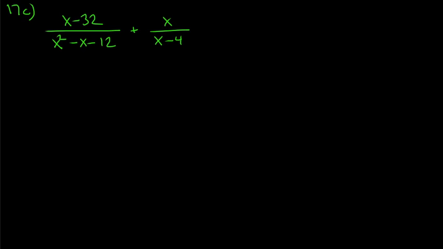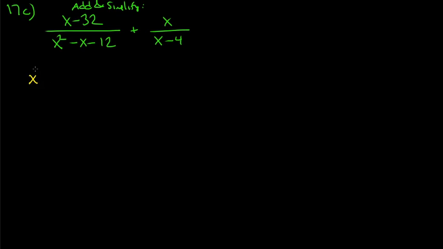Okay, we have x minus 32 over x squared minus x minus 12 plus x over x minus 4. And again, the directions just say add and simplify. But we don't have the same denominator. These are not equal. So we have to find the LCD.